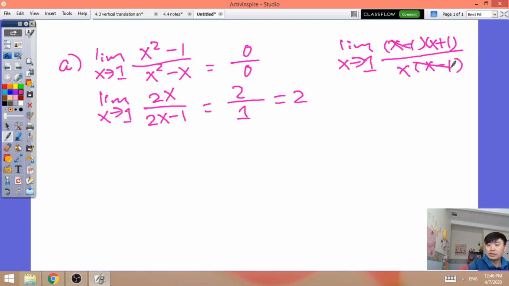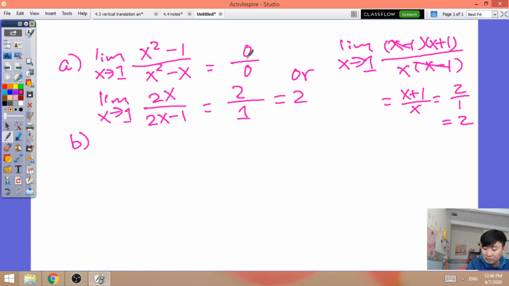Cross out the restriction, and we're left with x plus 1 over x. Plugging in 1, we get 1 plus 1, so 2 over 1. You can use either one of those techniques to find the limit, but I do recommend using L'Hopital's rule because it's the indeterminate form.